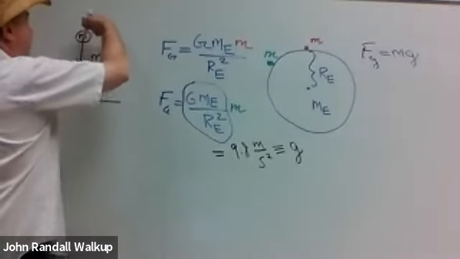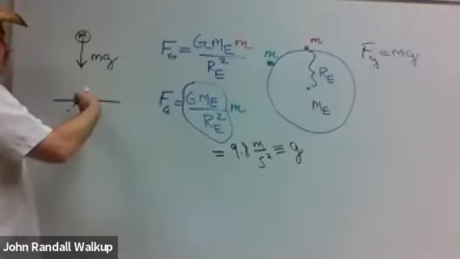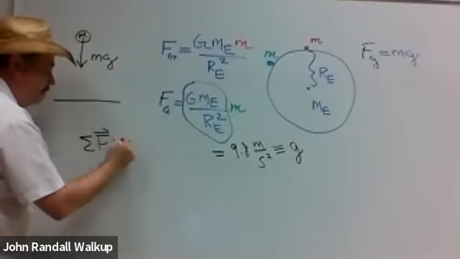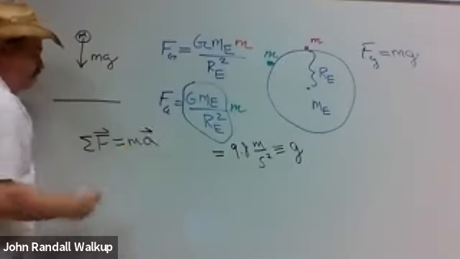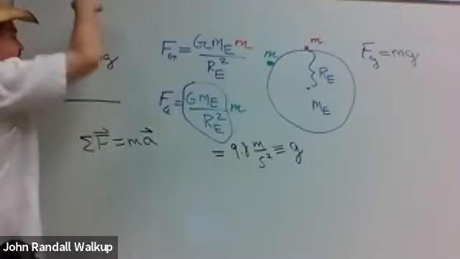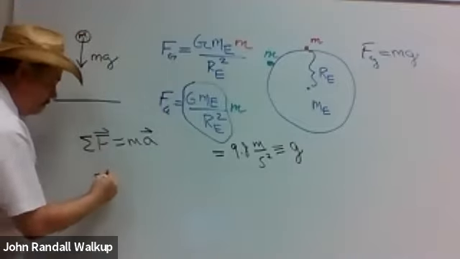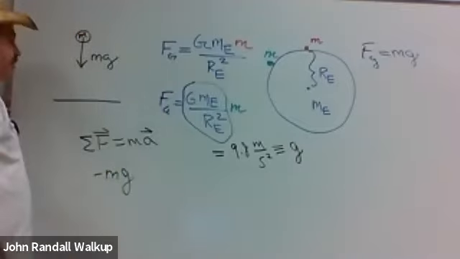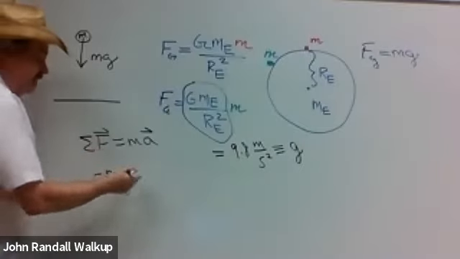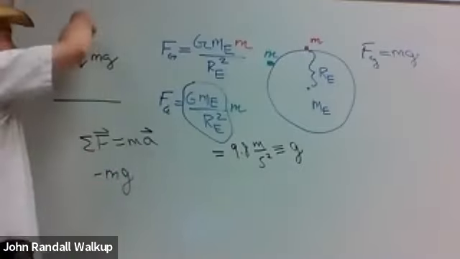What is the acceleration? Well, the acceleration is going to be given by Newton's second law. We vector sum the forces acting on the body. It's mg, and it's pointing down. And that's the only force. That is the sum of all forces. The negative sign indicates the direction.